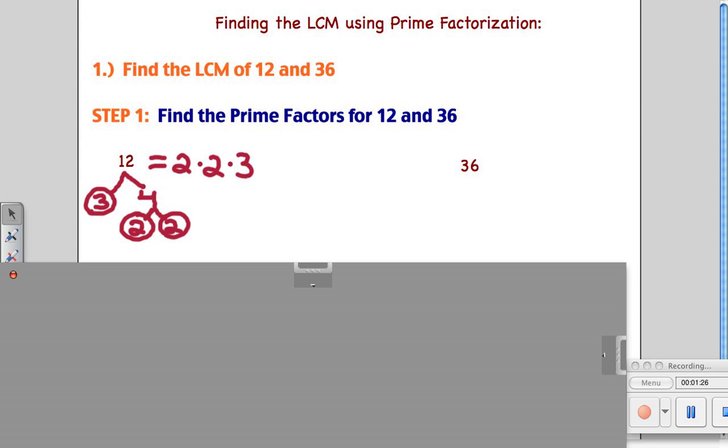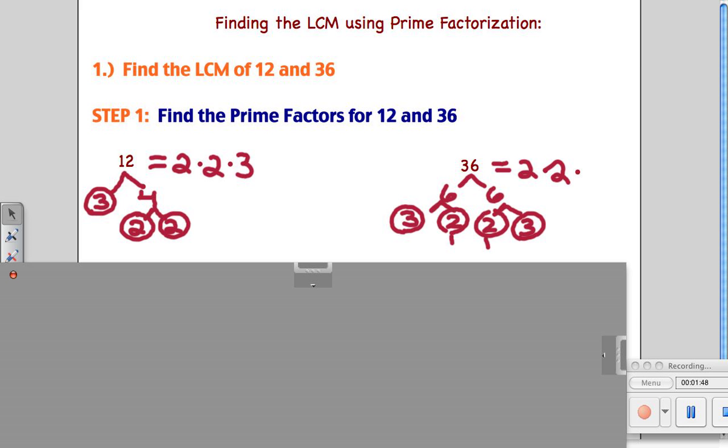And then 36 here, just break that up, 6 and 6, 3 and 2, and 3 and 2 again. So the prime factorization of 36 is 2 times 2 times 3 times 3.